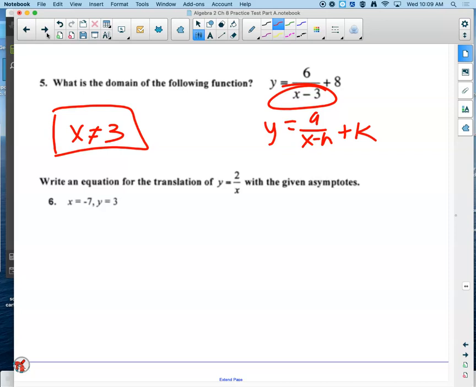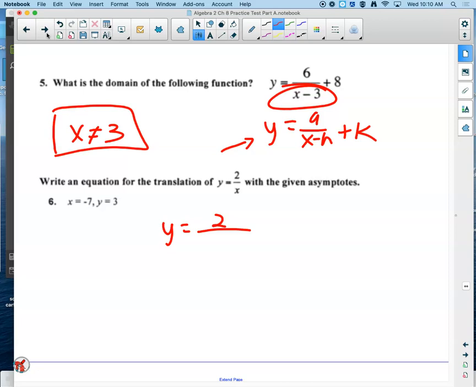Next one says, write an equation for the translation of y equals 2 over x, but now it has asymptotes that aren't at 0. Its asymptotes are at x equals -7 and y equals 3. Well, we should be thinking this right here. The 2 is supposed to stay put, but the asymptotes have changed.